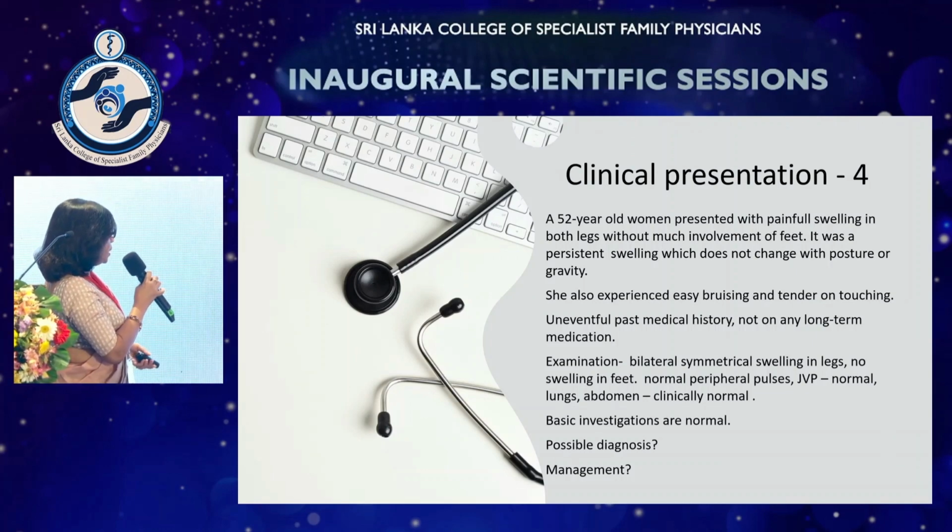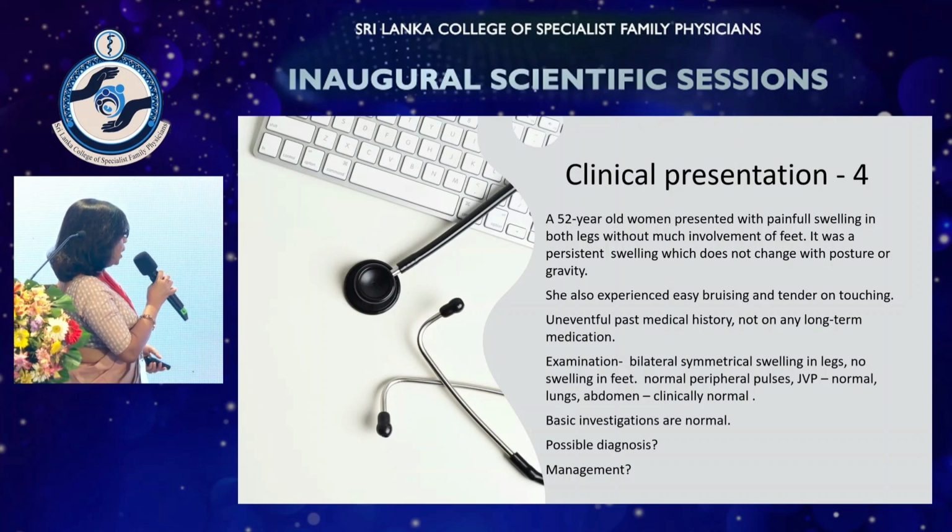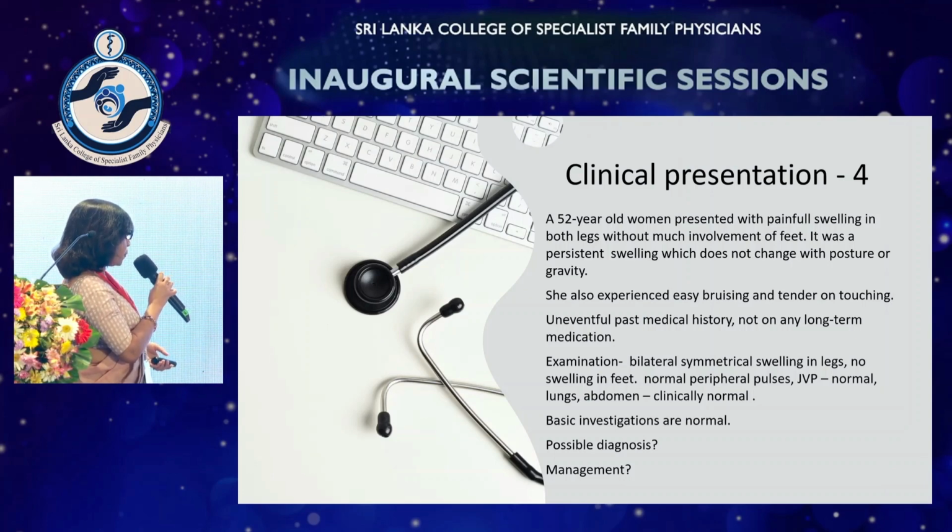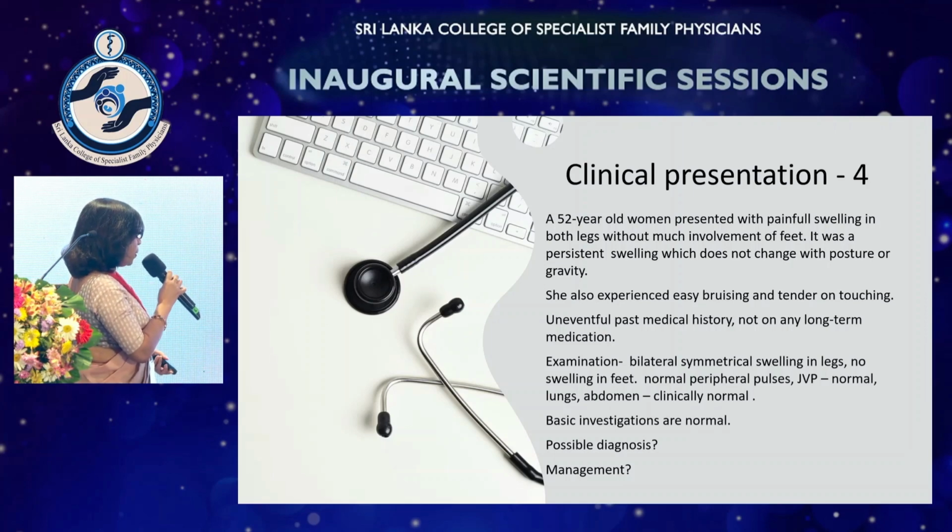Uneventful past medical history, not on any long-term medication. Examination: bilateral symmetrical swelling in legs, no swelling in feet. Normal peripheral pulses, jugular venous pressure is normal, chest, abdomen, all clinically normal. So, how do you proceed?